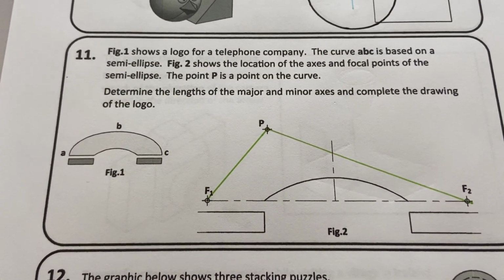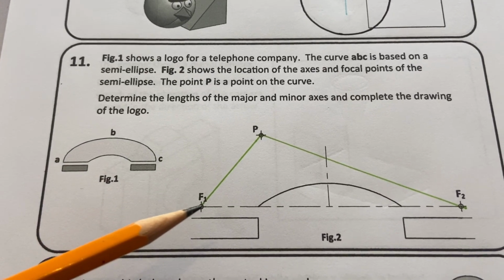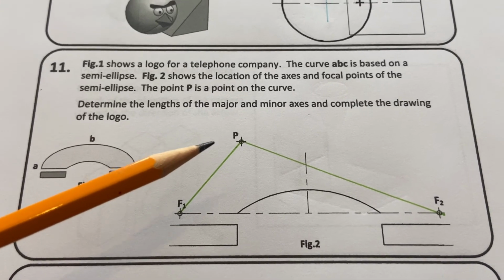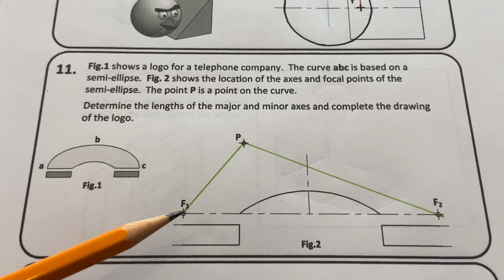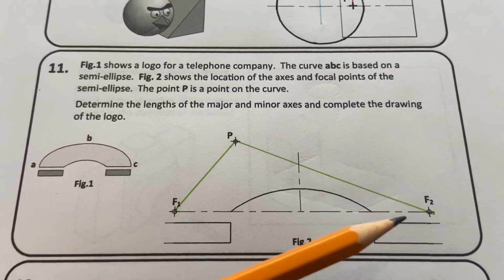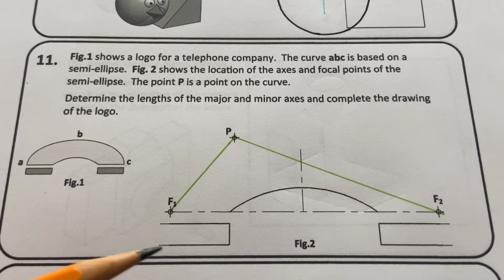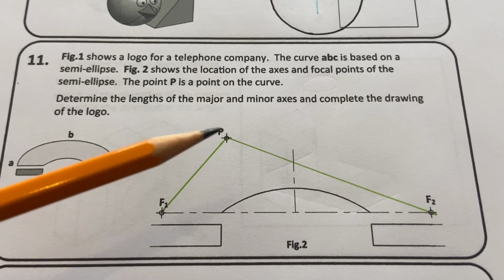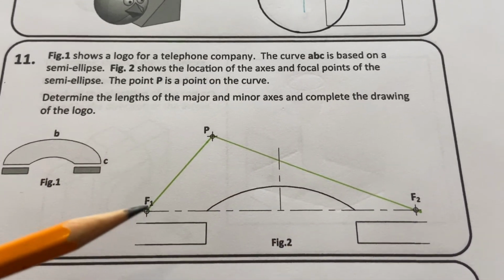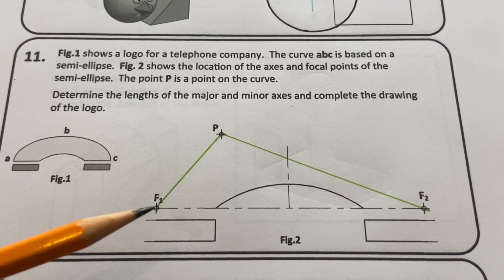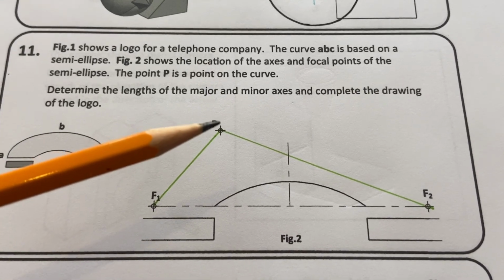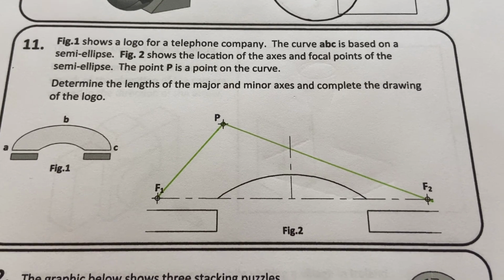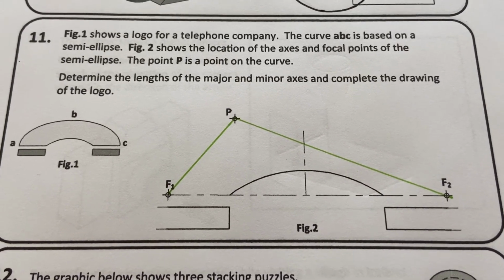So in this question, we're given the two focal points F1 and F2, and we're also given point P. And the first thing that we do is we join from F1 up to P and back to F2. Now, as you should know, if we draw a line from F1 to P and back to F2, the combined distances from F1 up to P and P to F2 is equal to the full length of the major axis.